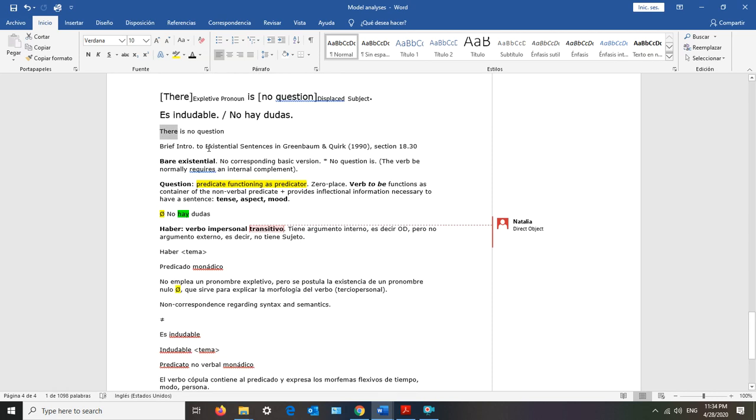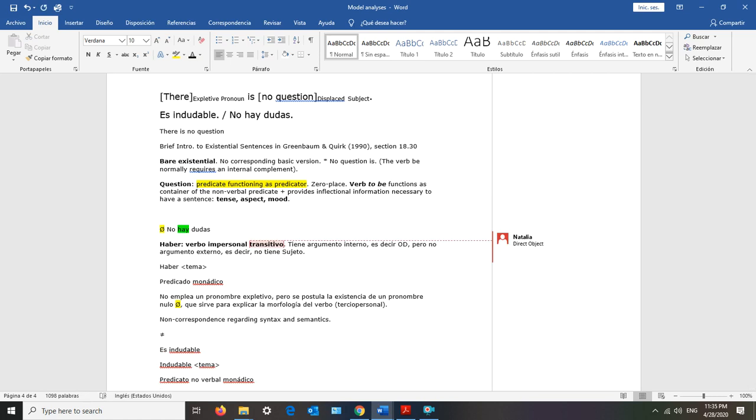And there's also non-correspondence regarding semantics. For in English we have a noun, question, a non-verbal predicate, zero place, right? I haven't written that out, so we have question, a non-verbal predicate that selects for no argument, therefore it is zero place, a zero place predicate.